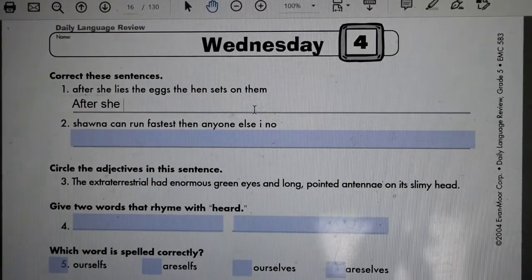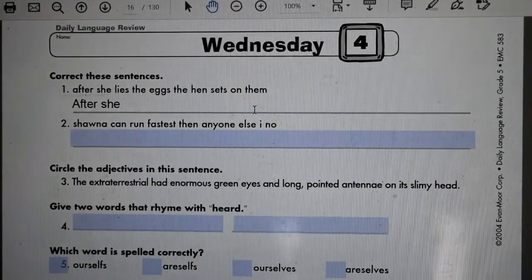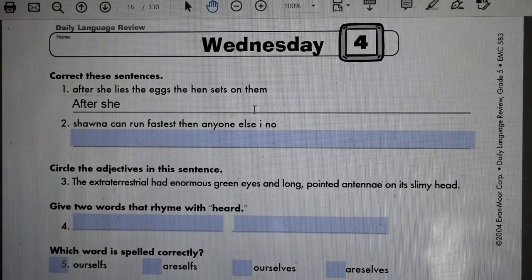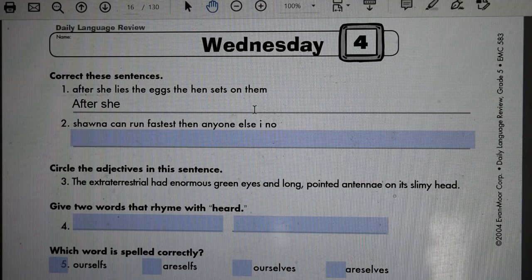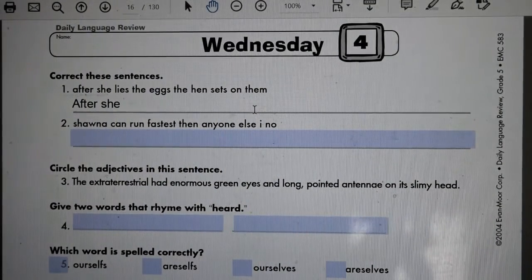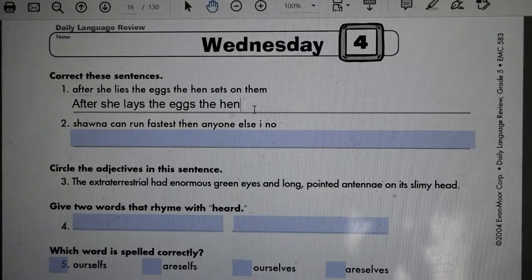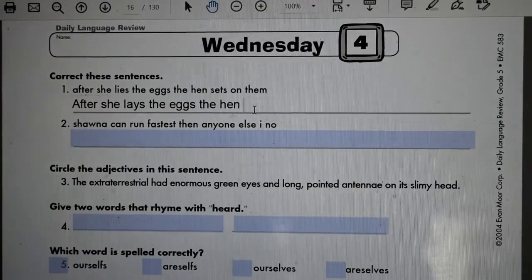After she now lies, this one is the wrong tense. So we're going to have to come up with the proper verb there. So after she, it's not lies, it's lays. After she lays the eggs, the hen, now what does a chicken do when it lays eggs?